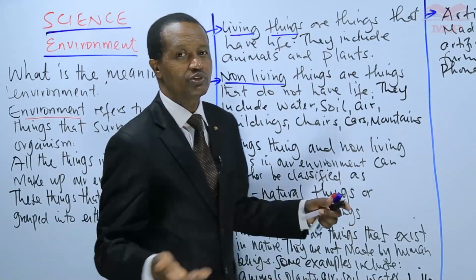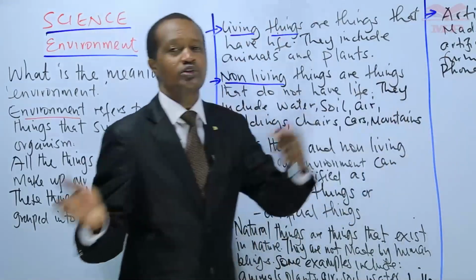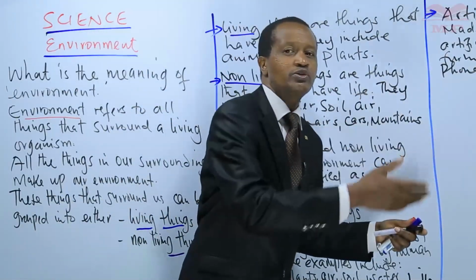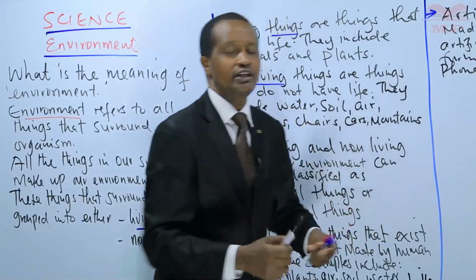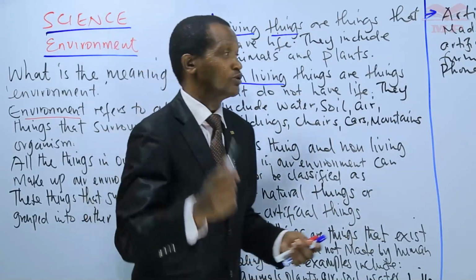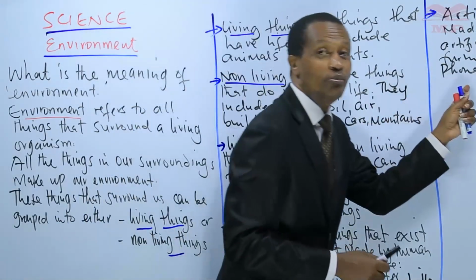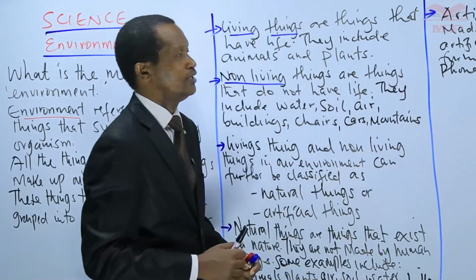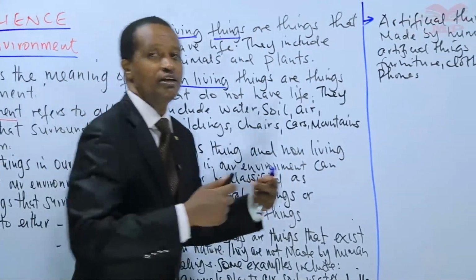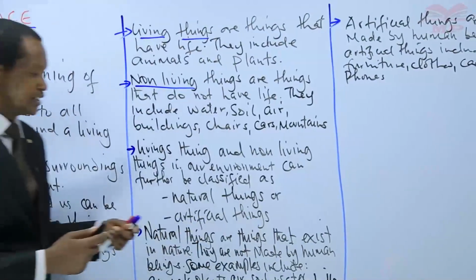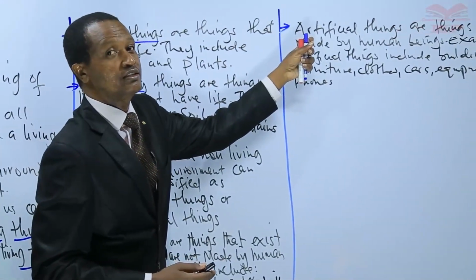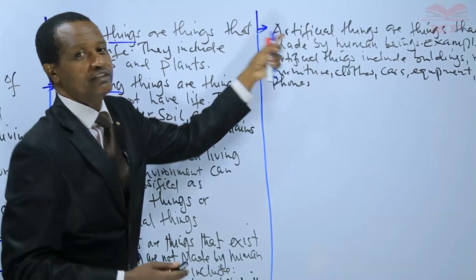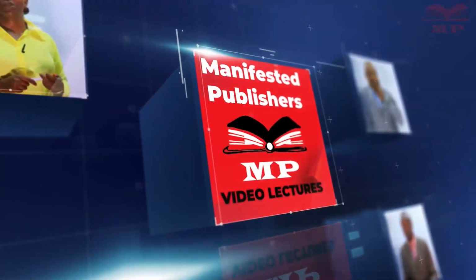We gave examples of buildings, roads, equipment, motor vehicles, furniture, the marker pen, the clothes we wear, and we did not forget to mention the mobile phone. Mobile phone is made by human beings. It falls under the category of artificial things. Artificial what? Artificial things.